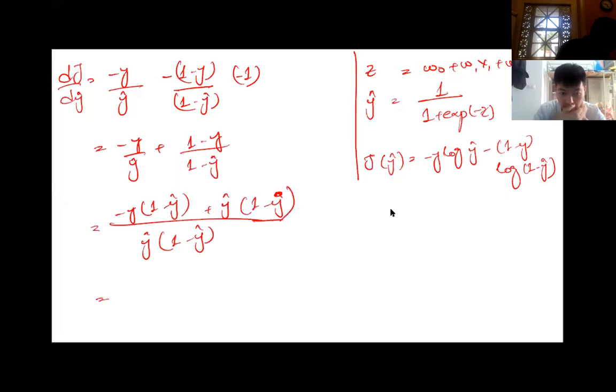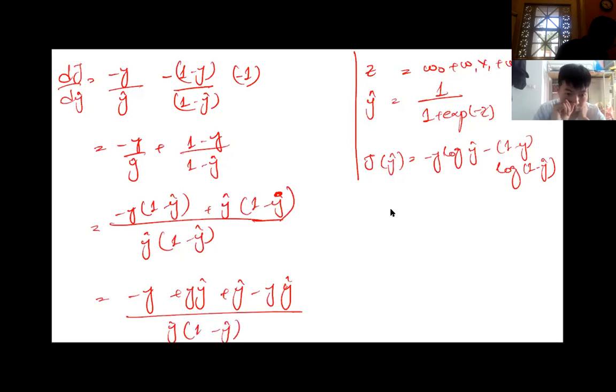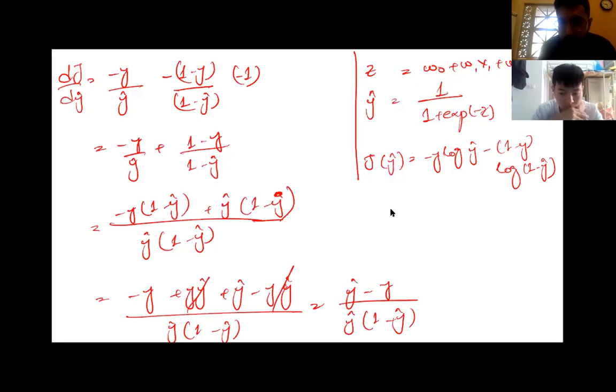This becomes minus y plus y y hat plus y hat minus y y hat, and these two cancel out, so y hat minus y divided by y hat times 1 minus y hat. Okay, is this clear to everyone? Yes. This simple calculation. Okay, let's store this, we are going to need it.